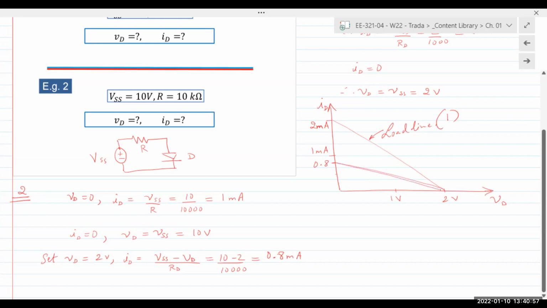See there, 2 tries. Load line for 2. Oh, what am I doing? That's not right.